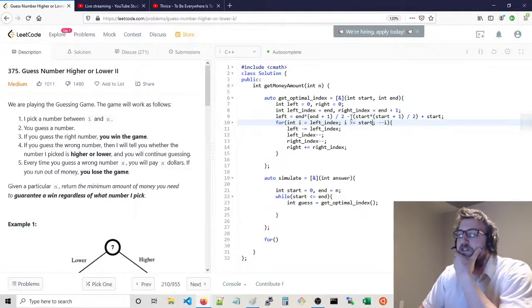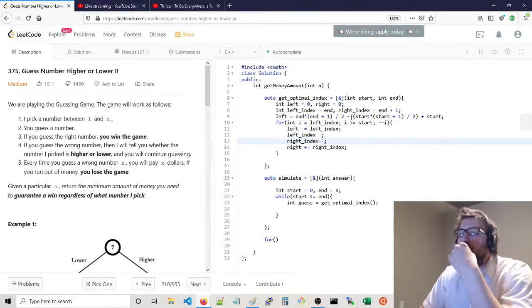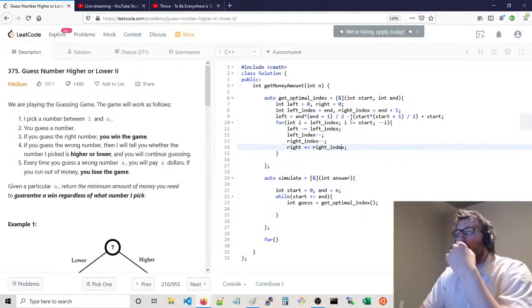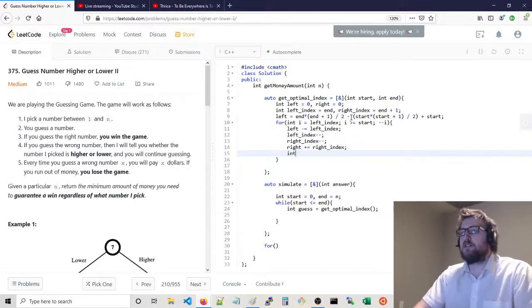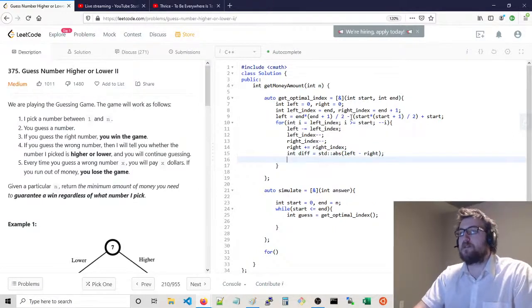Once i is at the start point, and left will be 0, this goes off. The right index, yeah. And then difference is going to be left minus right. This is really taking me a lot of time to program, but that's okay.